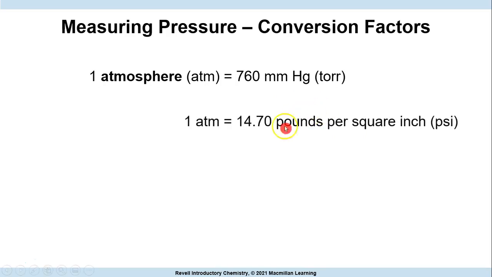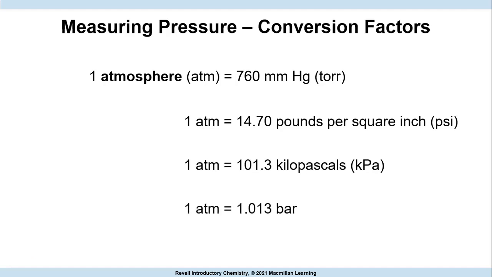Now in the United States, we measure pressure in units of pounds per square inch, and 1 atmosphere is equivalent to 14.70 pounds per square inch. 1 atmosphere is also equivalent to 101.3 kilopascals. So kilopascals is another unit of measuring pressure, and also 1 atmosphere is equivalent to 1.013 bar.